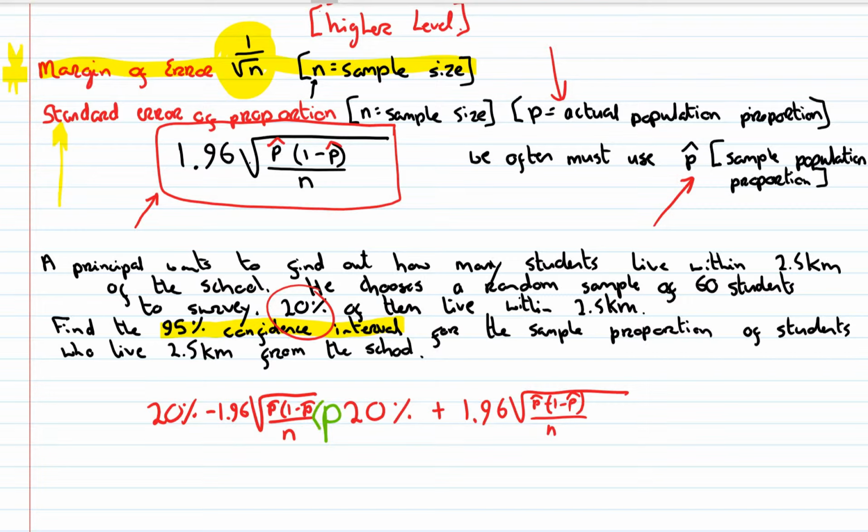So the true population will be slightly greater than that and less than that. I didn't give myself much space there, but hopefully that makes sense.